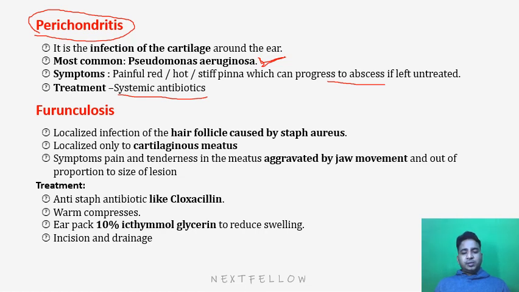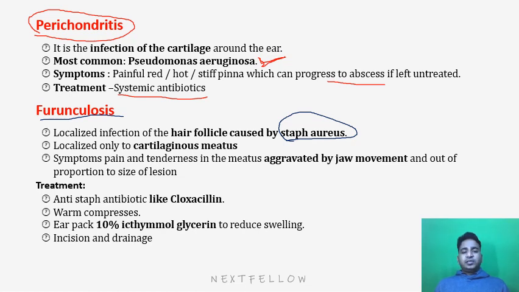Now there is furunculosis. What is furunculosis? It is a localized infection of the hair follicles present in the skin of the external auditory canal. We all know the outer part of the external auditory canal consists of skin filled with hair follicles. Sometimes because of Staphylococcus aureus bacteria, these hair follicles may get infected, leading to furunculosis.